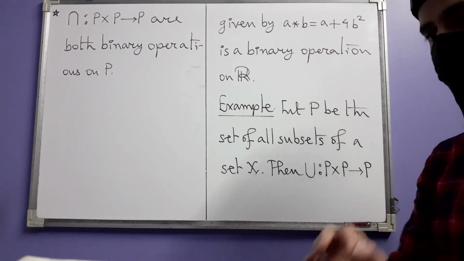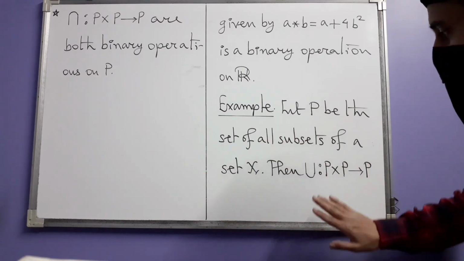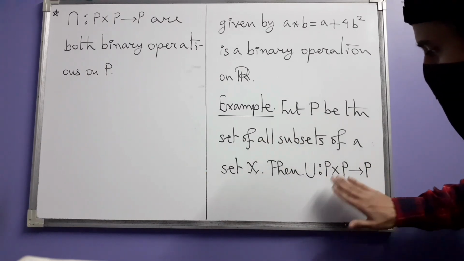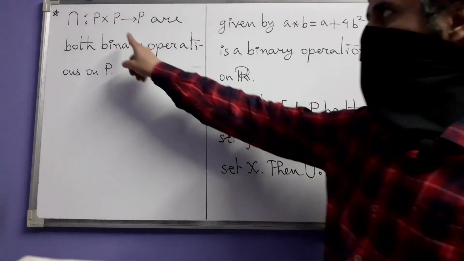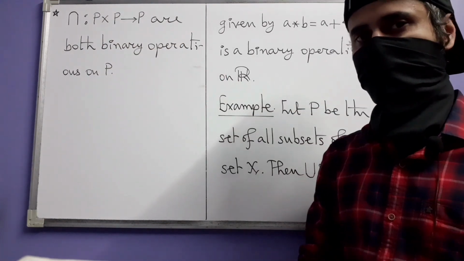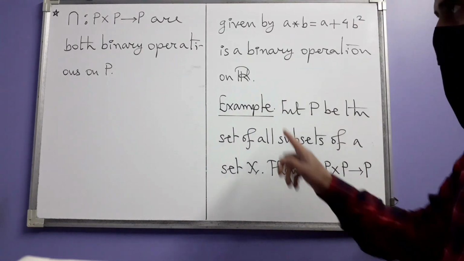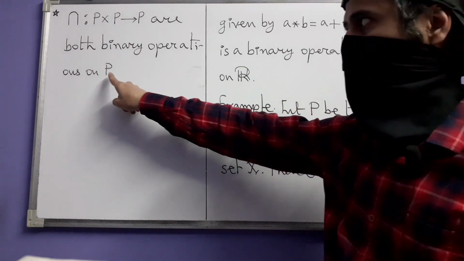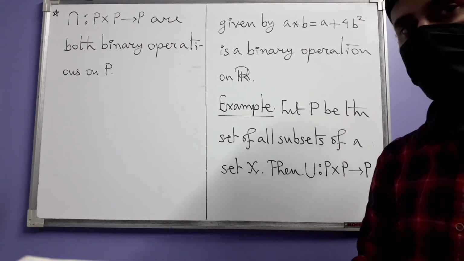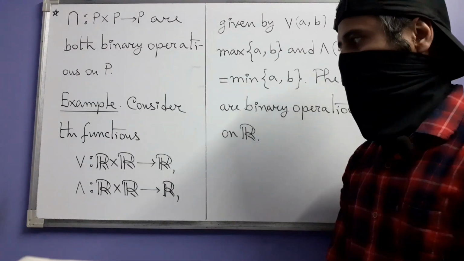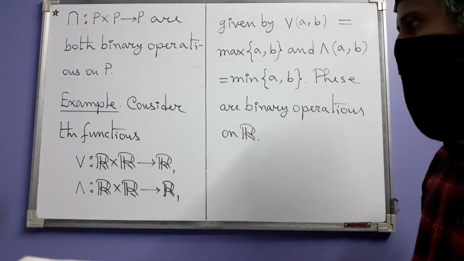And it's a unique subset of X for those given a and b. That makes union a legitimate function of this type. The same can be said about the operation of intersection. So that is why union and intersection are binary operations on P, where P is the power set of some set X.